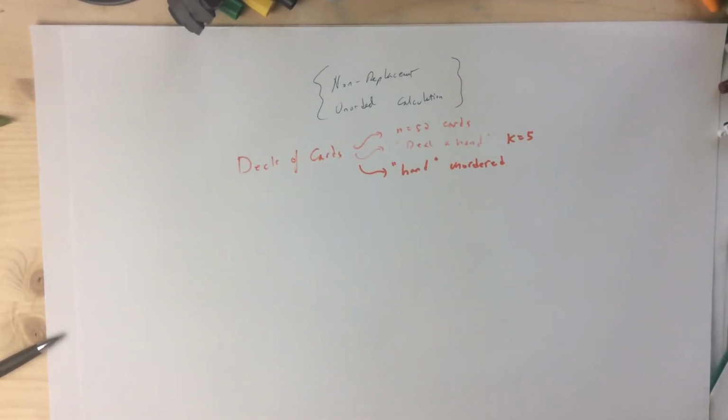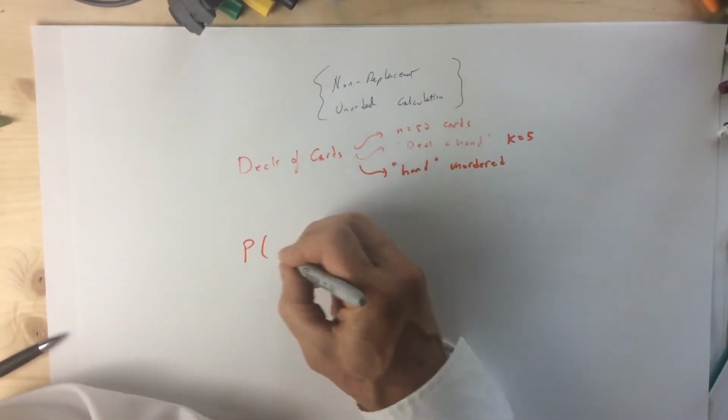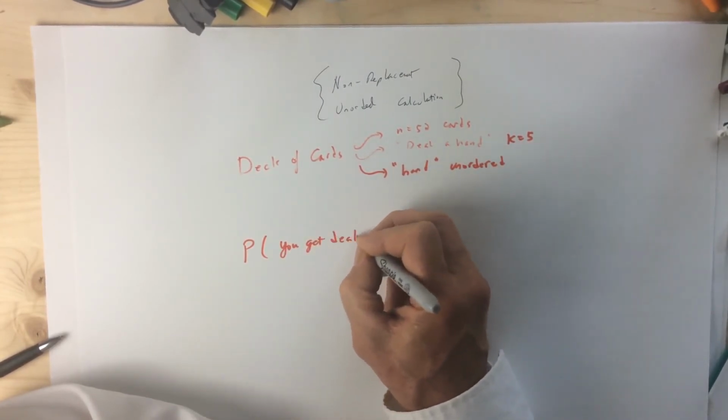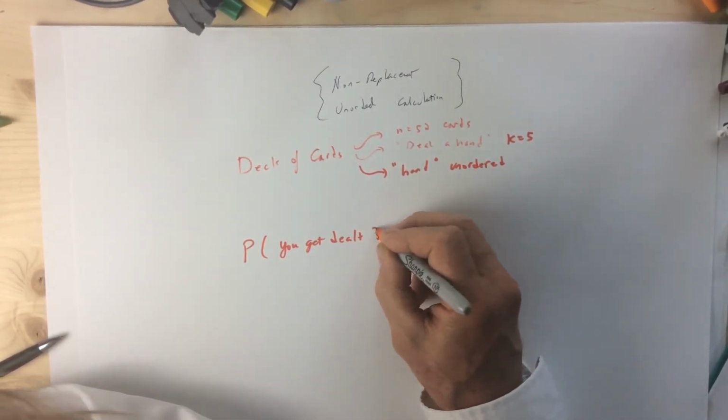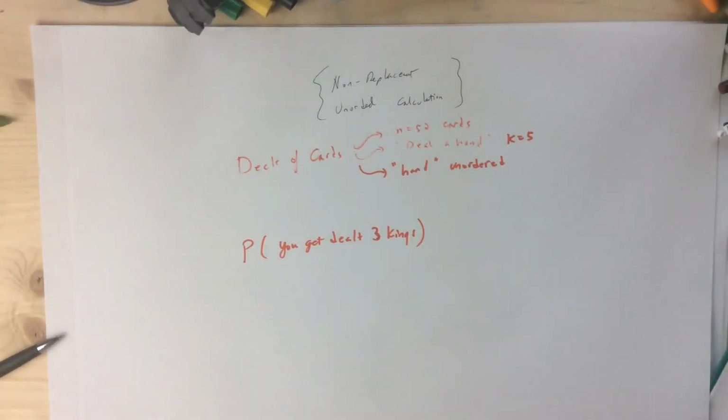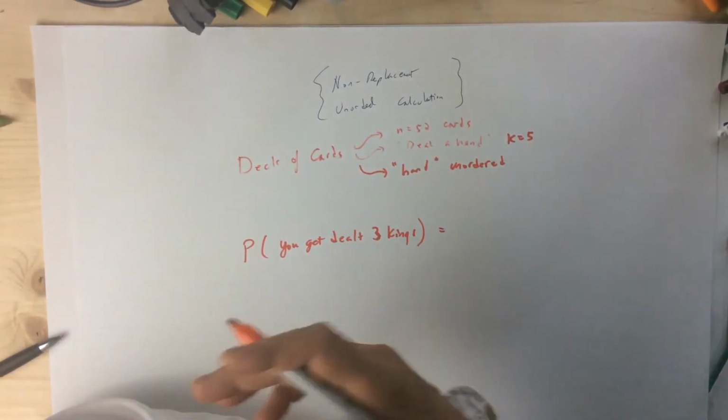And I'm now going to ask for certain things to happen. So let's do the following calculation. What's the probability you get dealt 3 kings?